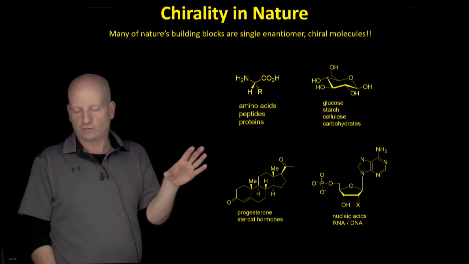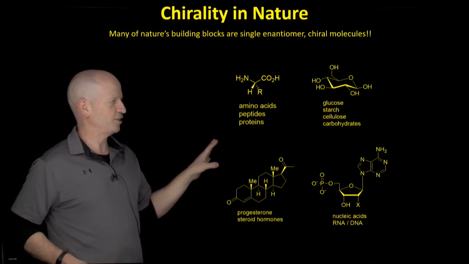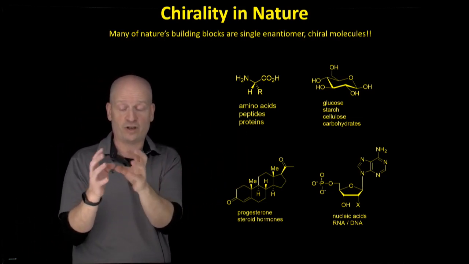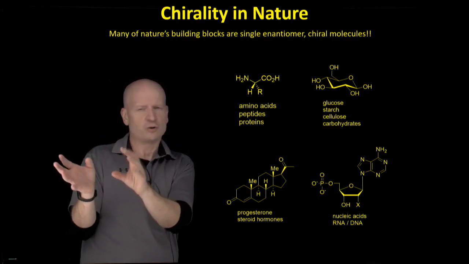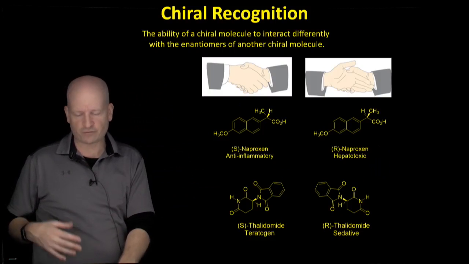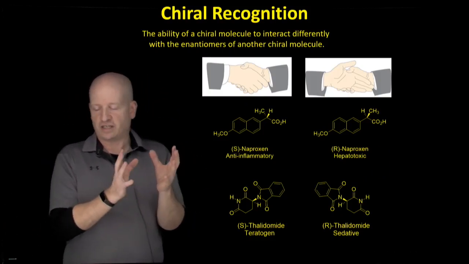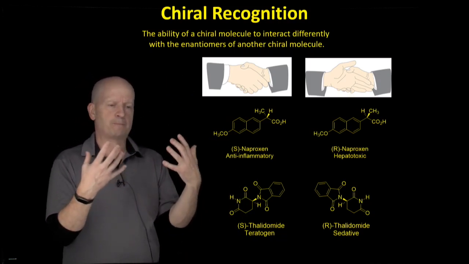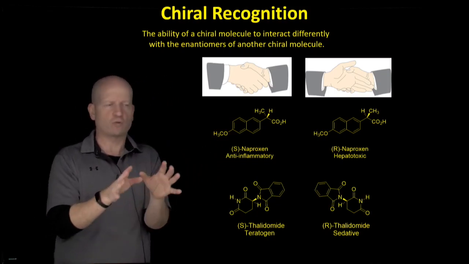And so when you have single enantiomer molecules, your biomolecules interacting with either mirror image of another molecule, those interactions are actually different. It's something we refer to as chiral recognition, which is basically the ability of one chiral molecule to just recognize which enantiomer of another molecule it's interacting with.